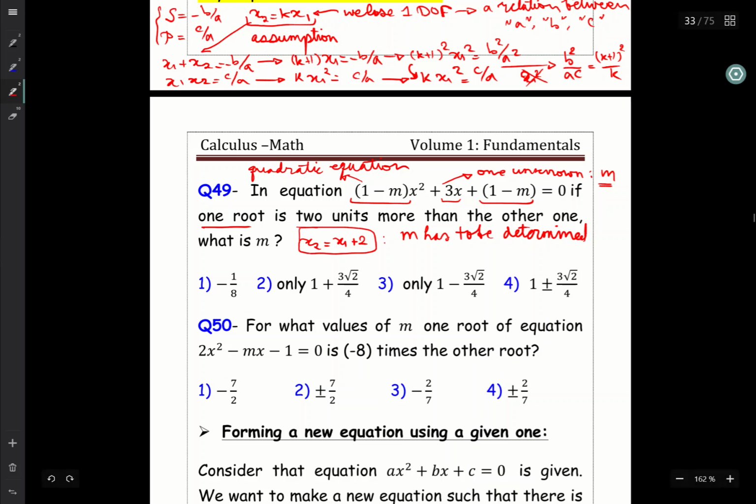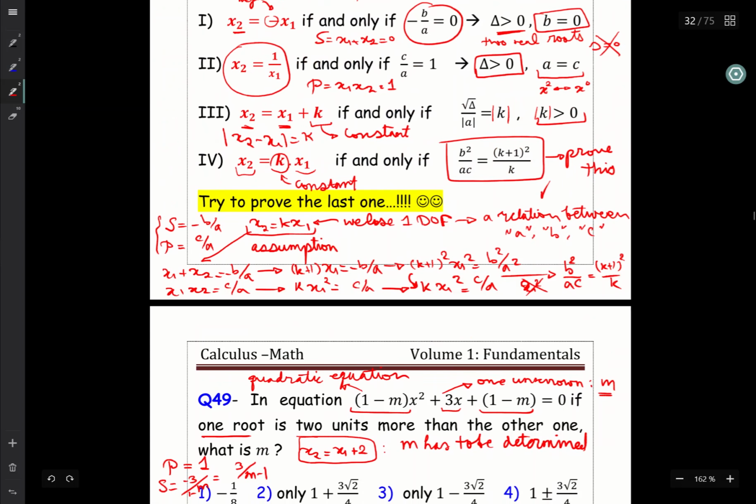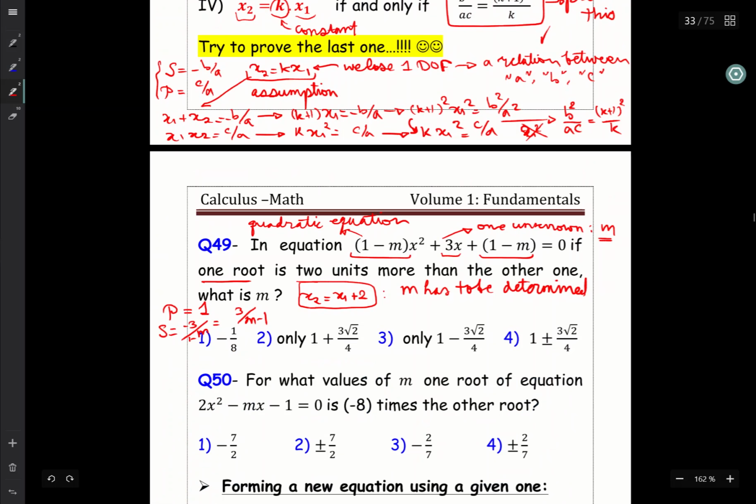So how do we find m? First of all, obviously just by looking at this, we see that the product p is (1 minus m) over (1 minus m), which is 1, right? And s, the sum is minus 3 over 1 minus m, so 3 over m minus 1. Now if the product is 1, one root is the inverse of the other, right? So x2 is 1 over x1.